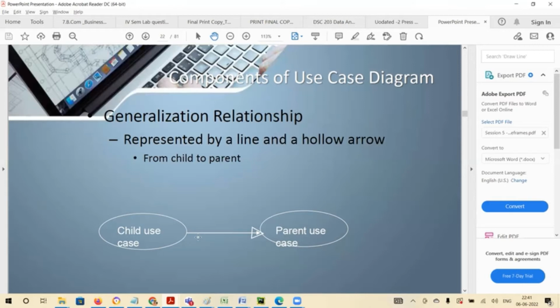Example, let's say withdraw cash is your main use case. Now, before withdrawing cash, you have to check if you have sufficient balance or not. You also have to check whether you have not exceeded your daily limit, right?